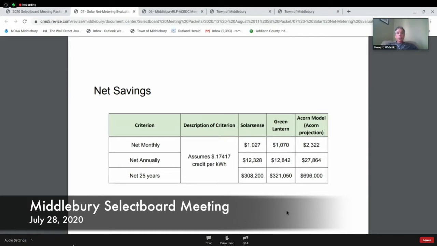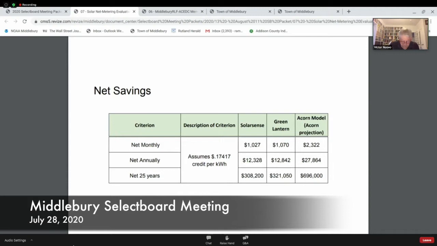So here's where we get to what is the benefit to the town. Our calculations show monthly, annual, and over 25 years, which is generally the life that you get with an array. The arrays can go longer, but the efficiency of the panels degrades over time.